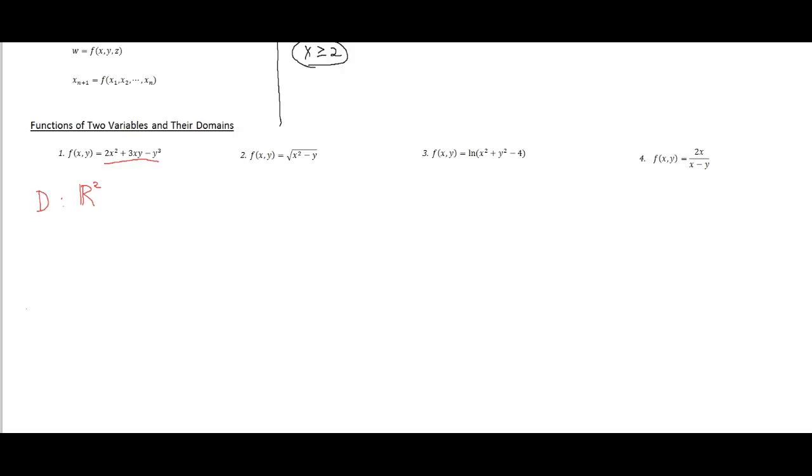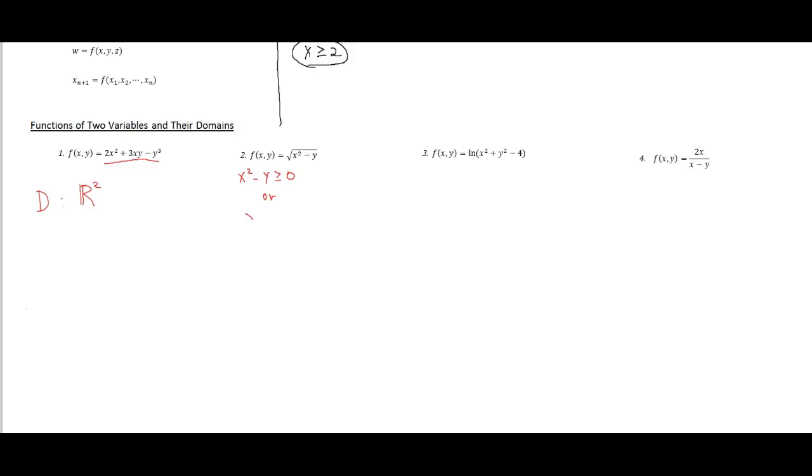Number 2 is a square root function, just like we saw earlier. So we know that the restriction in this case would be that the radicand, or what's inside the square root, has to be greater than or equal to 0. So we can write the inequality x squared minus y has to be greater than or equal to 0.